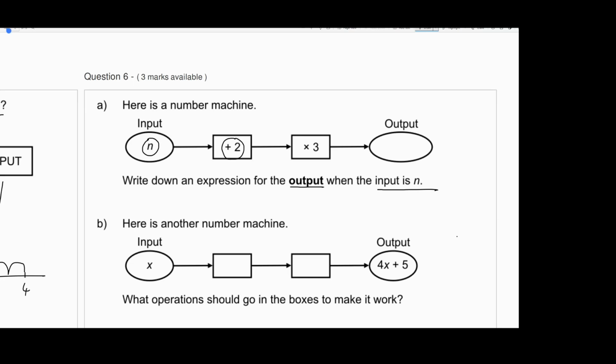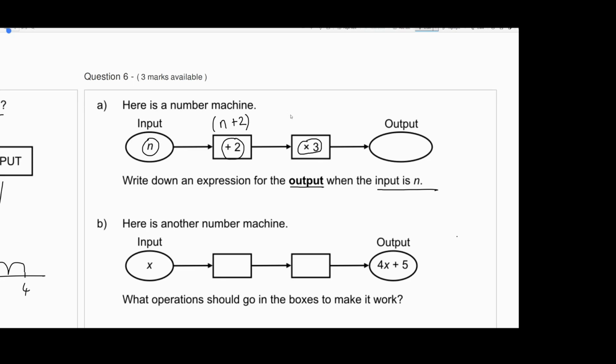Yeah, exactly. You'd have n plus 2. Now, what I'm going to do is put that in a bracket. We put it in a bracket because the expression is all of n plus 2. It's not just n and it's not just 2. Then we want to times by 3.